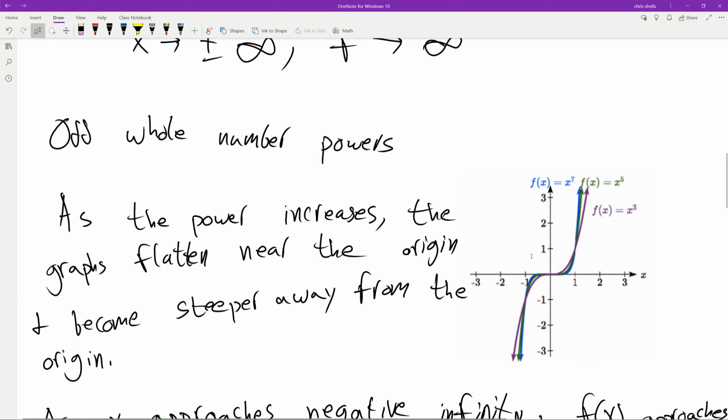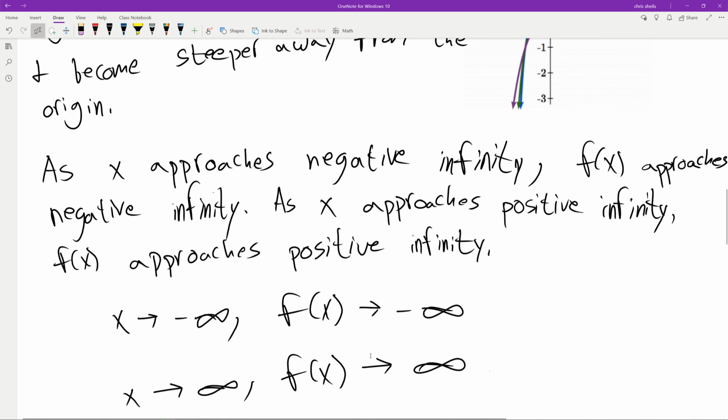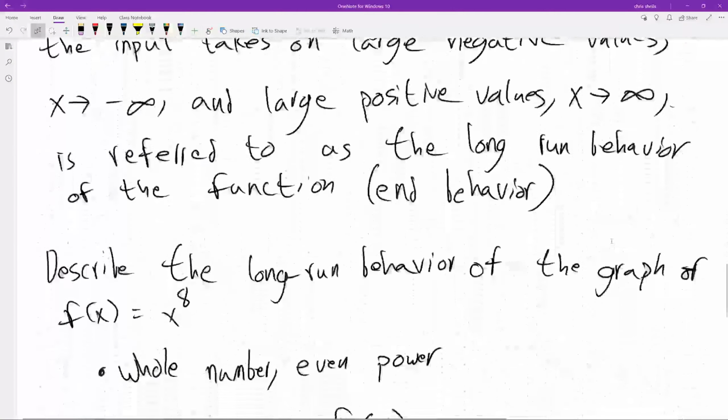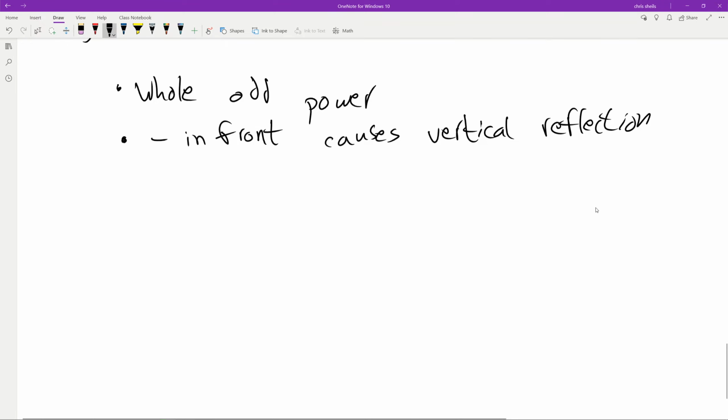So instead of behaving in this manner, as I go far to the left, the graph will go up, and as I go far to the right, the graph will go down due to that vertical reflection. In other words, roughly, the graph will look something like this, the shape of it at least.